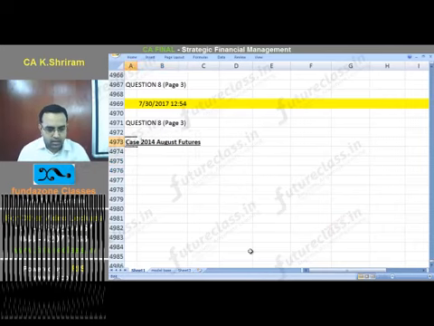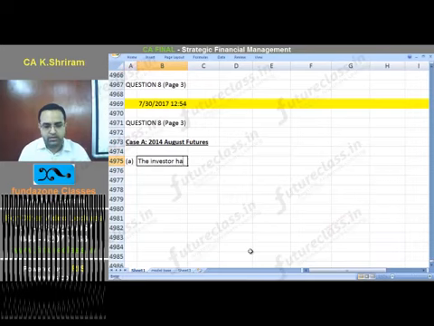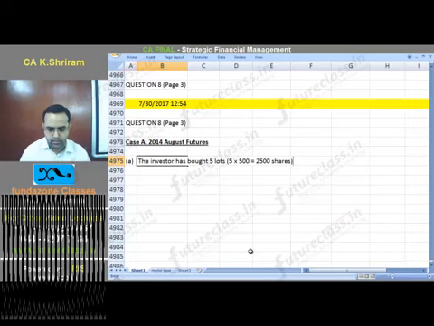Case A. The investor has bought 5 lots, 5 into 500, 2,500 shares, at an exercise price of rupees 534 per unit.